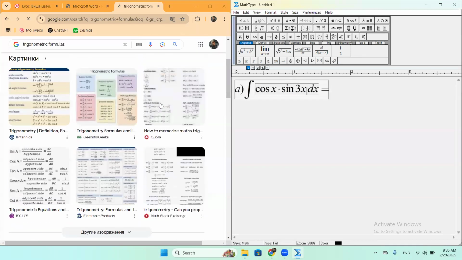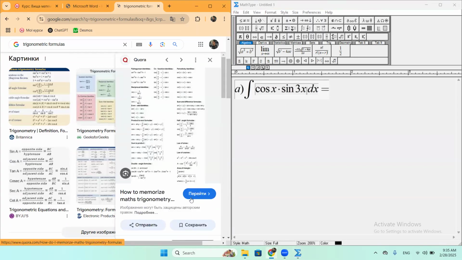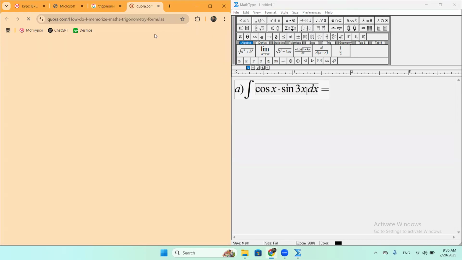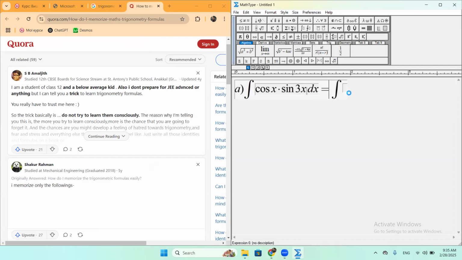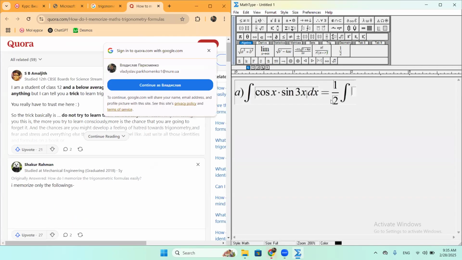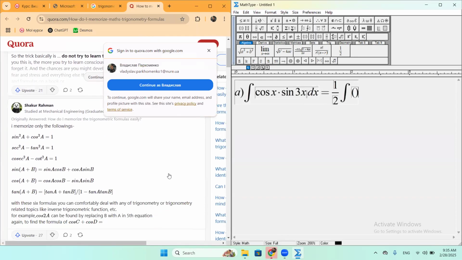I don't always remember the formula of transformation of a product into the sum, to be honest. So let's look into it. I just remember that. One second.